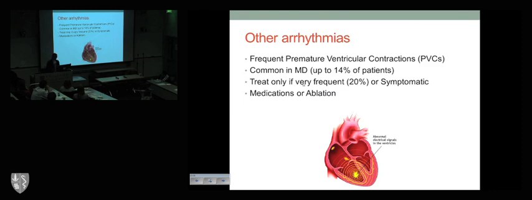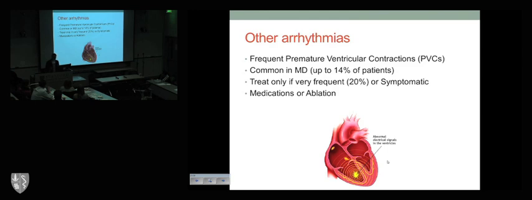Now, I would say the vast majority of people will have a few extra heartbeats, these PVCs. And these PVCs are just electrical impulses that come from somewhere in the bottom of the heart. Now, normally, the impulse starts at the very top of the heart and goes smoothly all the way down to the bottom. But here, there can be some irritation or something else happening in the bottom of the heart that causes these extra impulses.